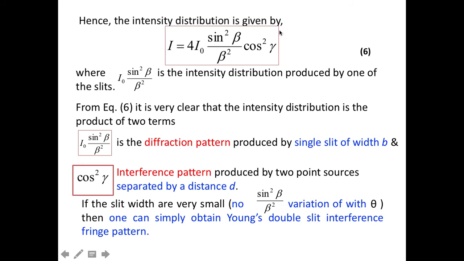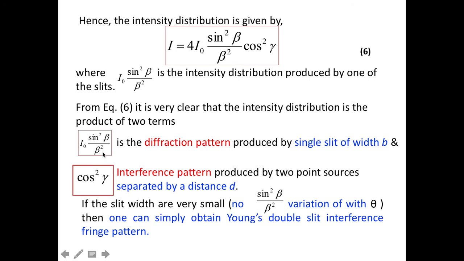And the other term, cos square gamma, is the interference pattern term which is produced by the 2 point sources separated by a distance d. So this term is related to the diffraction pattern, and this term is related to the interference pattern.